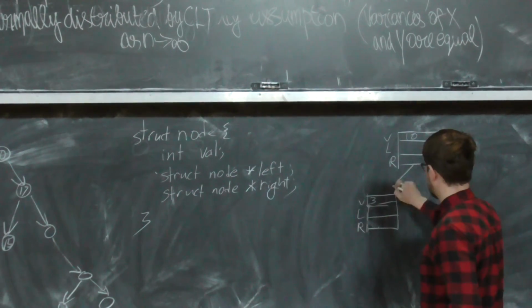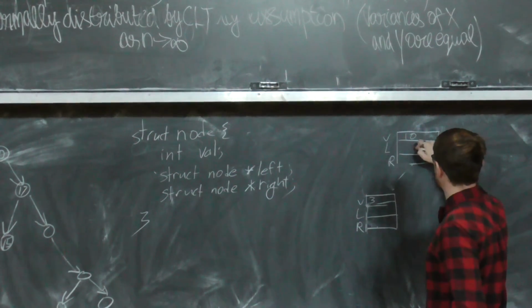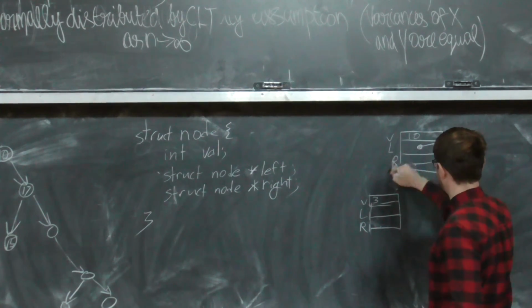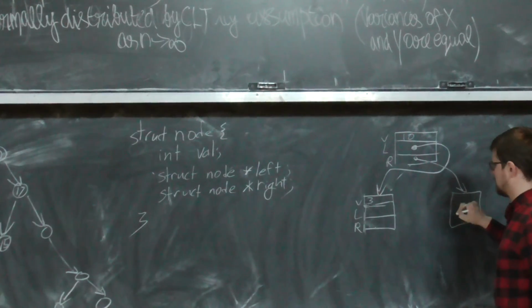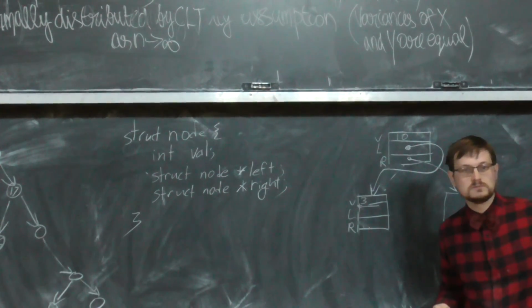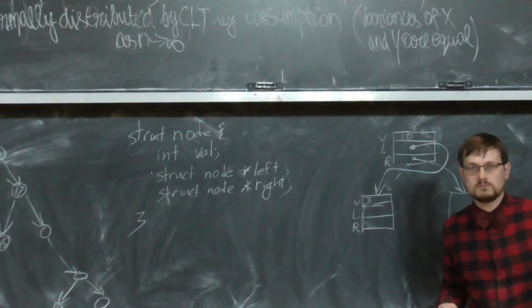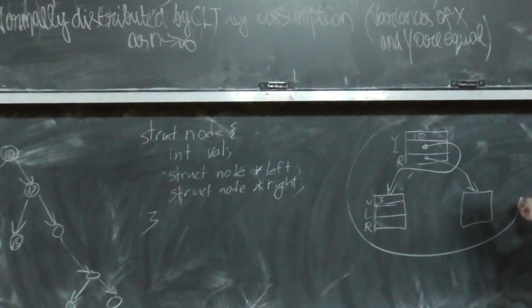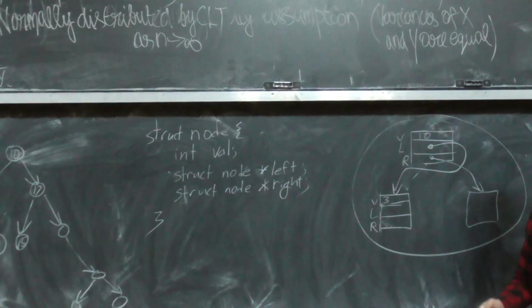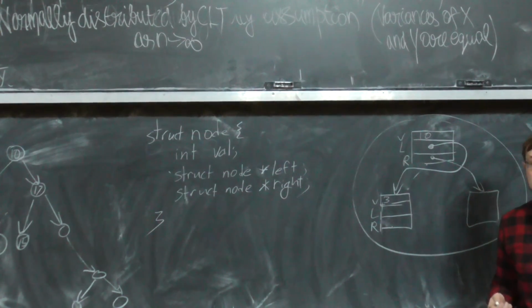This left will point here, right will point somewhere else. Am I making sense? A little bit, hopefully. So, that's how you do a binary tree in C.